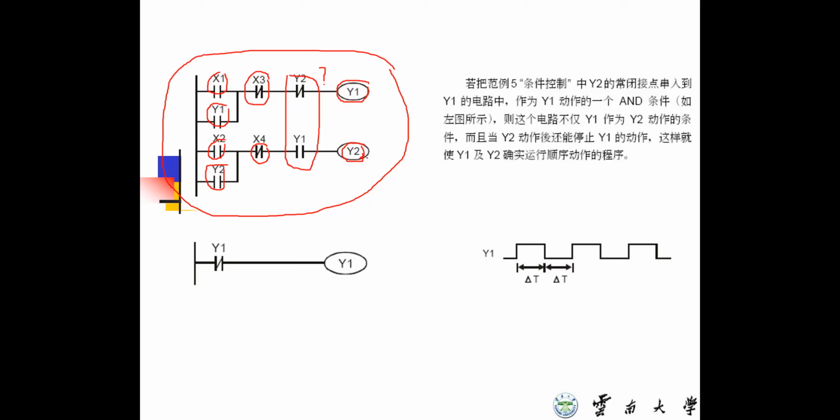But if we start Y2, Y1 must keep running. So this is what this programming does.